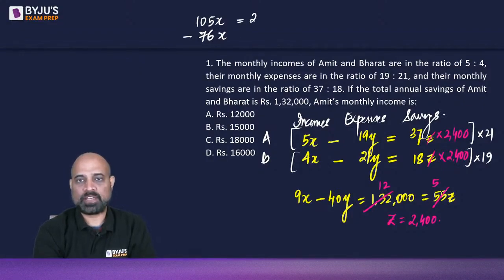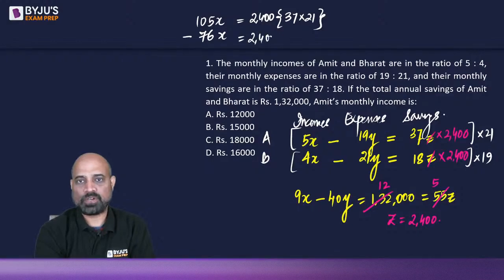Let's take out 2,400 common. We will have 37 into 21 and 2,400 into 18 into 19.